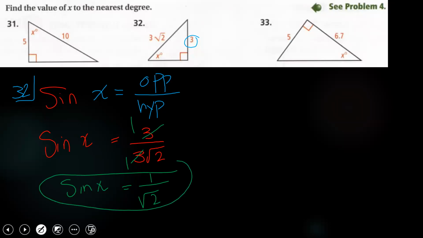So did I stop here? No, I need to find X. By using what? What do I have to write here? Sine inverse of 1 over square root of 2. Now, on your calculator, find sine inverse of 1 over square root of 2.